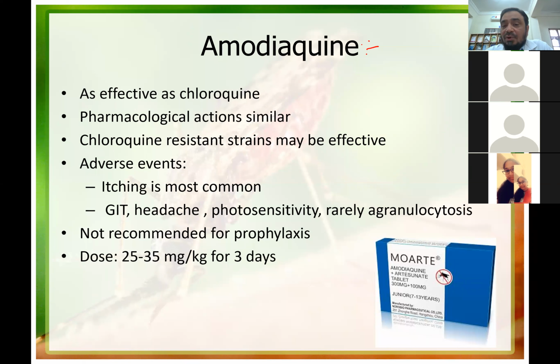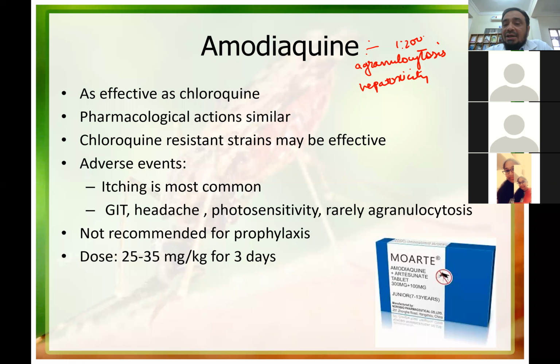What are those two important adverse effects? One is agranulocytosis, okay, and second is hepatotoxicity. So these are the serious adverse effects of amodiaquine, and they generally occur when amodiaquine is used for long term, and that is why it is not recommended for prophylaxis.